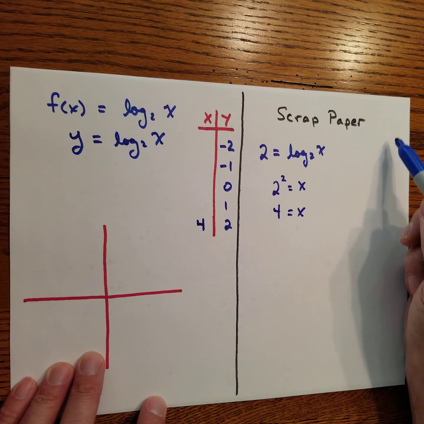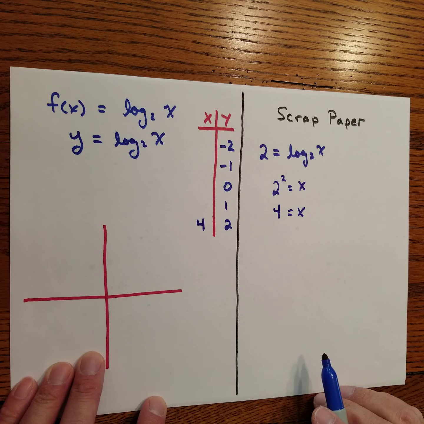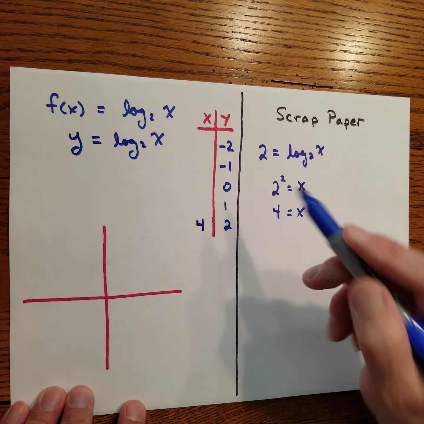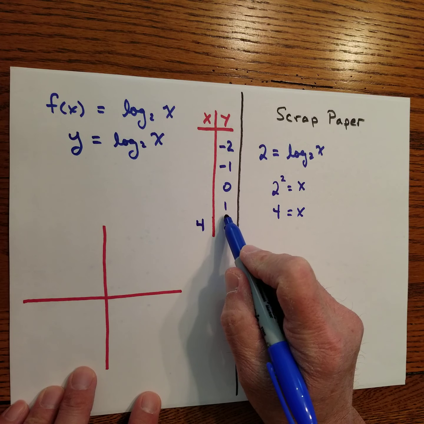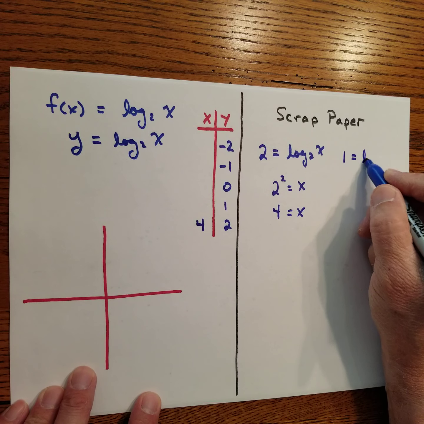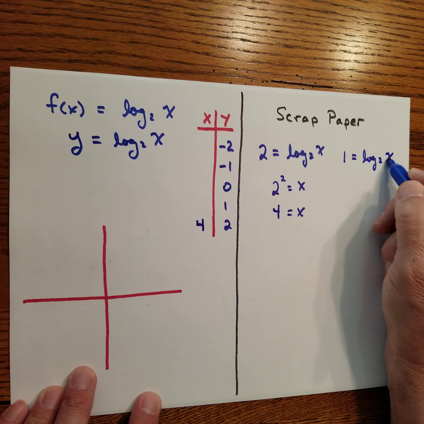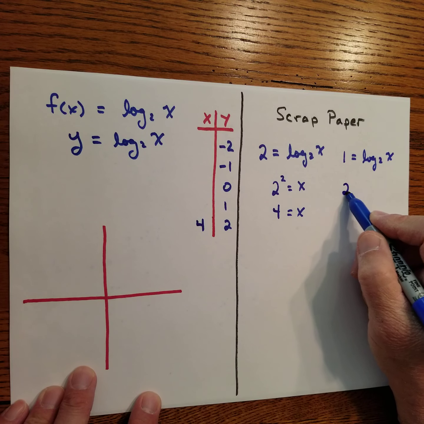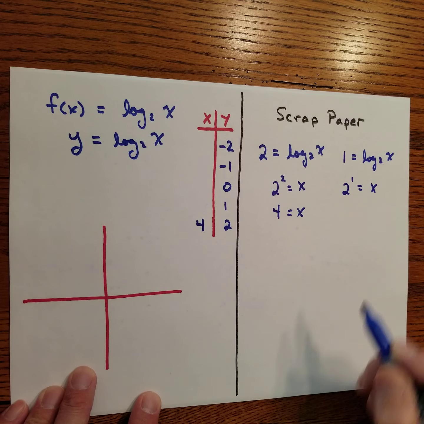Now remember, if you can do these in your head, great. All you have to show on your assignment is the graph and the xy chart. Let's let y be 1 and plug it in for y. Then 1 is the exponent that goes on that 2 and changes it into x.